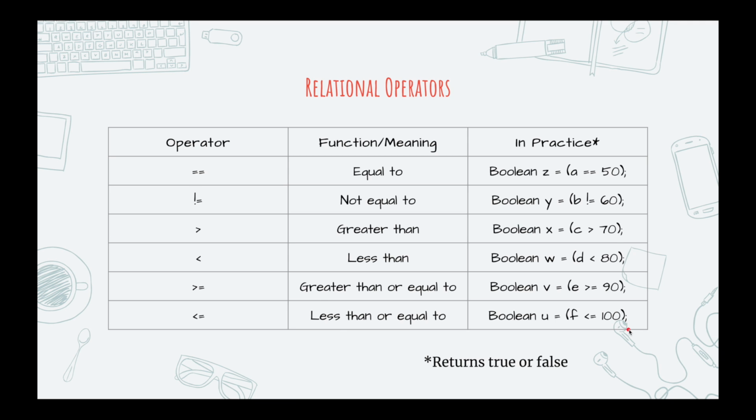Finally, let's set F equal to 100. 100 is equal to, or less than or equal to, 100. So therefore, if F is 100, then this entire thing becomes true, and then true is stored within U. So that's a rough overview of our relational operators.